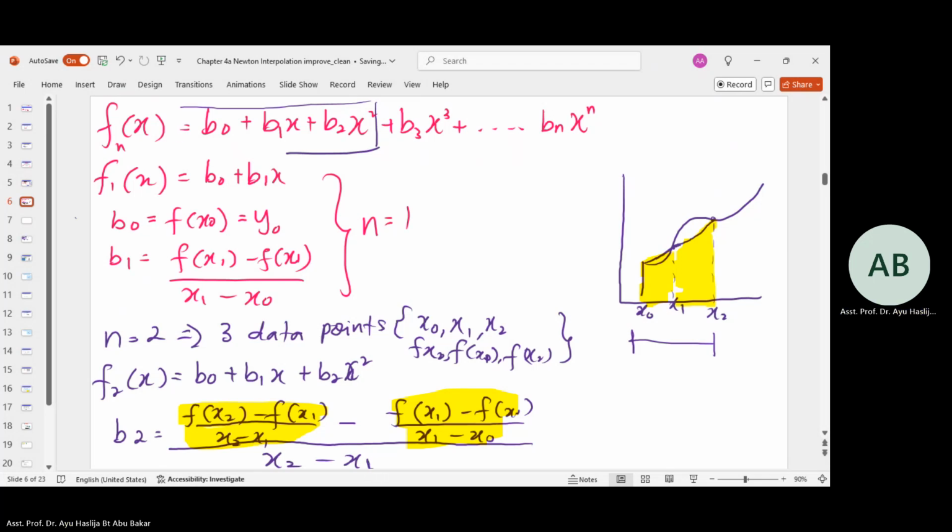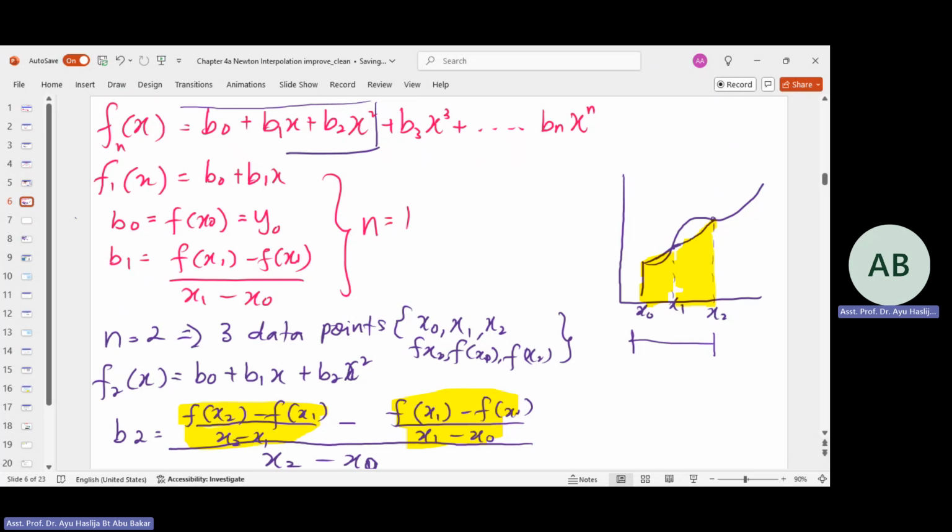Sorry, my bad, it should be x0: x2 minus x0, the total distance between x2 and x0. Clear? That one is to find b2.